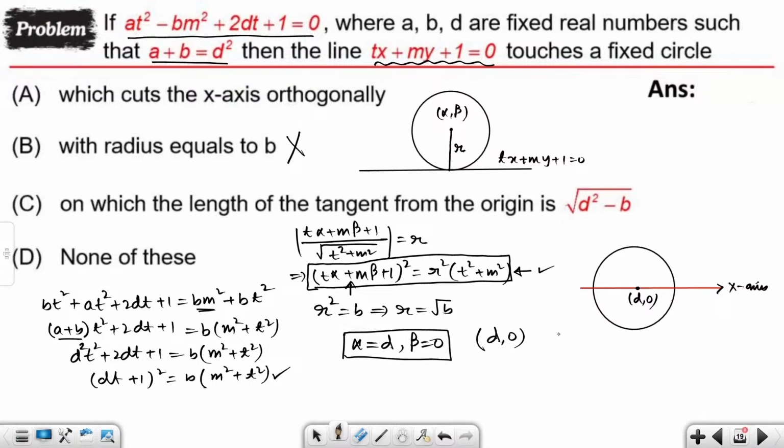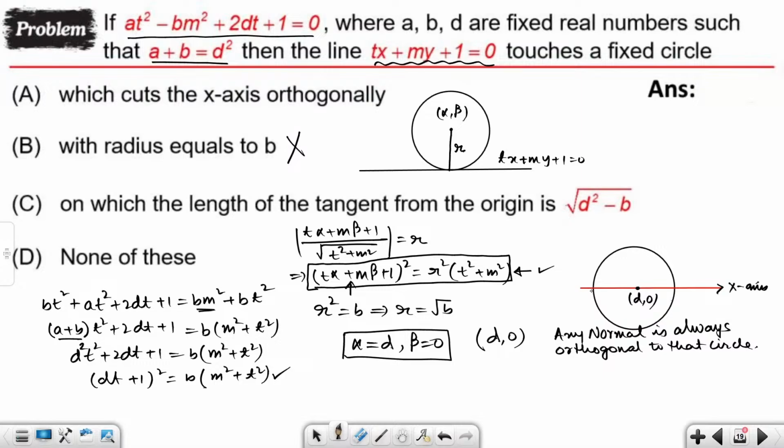What I have said, any line or any normal, because normal always passes through the center of the circle, any normal is always orthogonal to that circle. Is it clear? Any normal, any line which is a normal that is passing through the center is always orthogonal to that circle. Orthogonal means the angle between that line and the circle is 90 degrees.